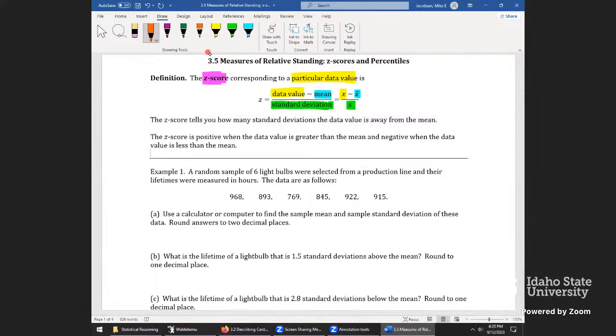So Z is the number of standard deviations that X is away from X bar, its mean.